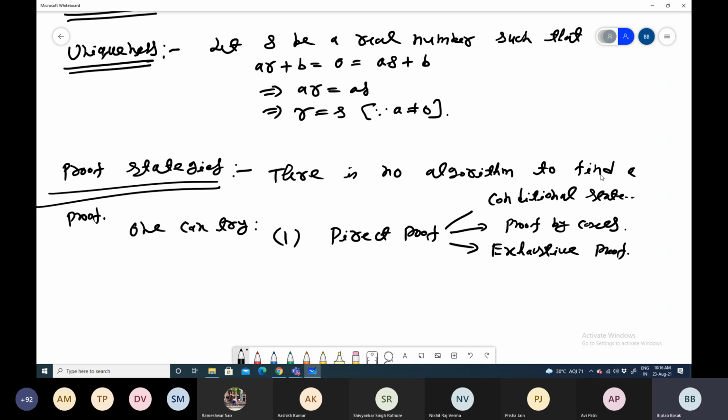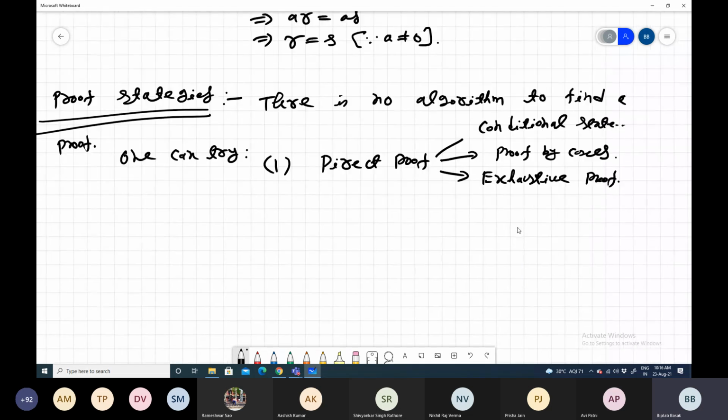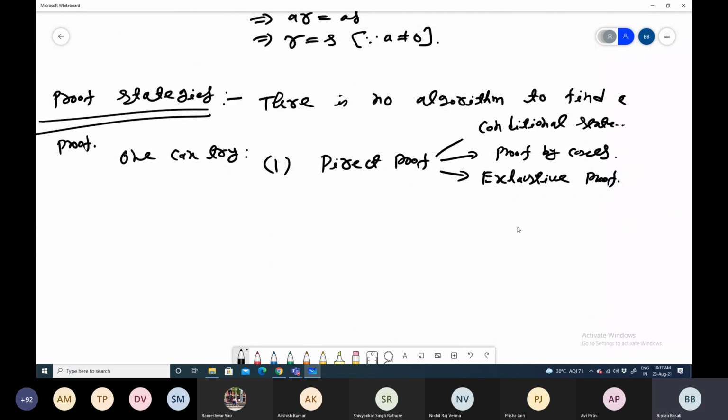Okay, so it might happen that direct proof does not work. But generally, since we should think positively first, one can try the direct proof first, and if this does not work, then one can use the indirect proof. Again, there are many types of this indirect proof.